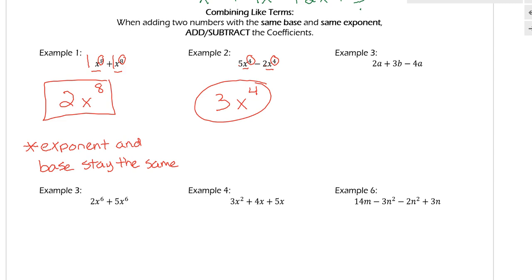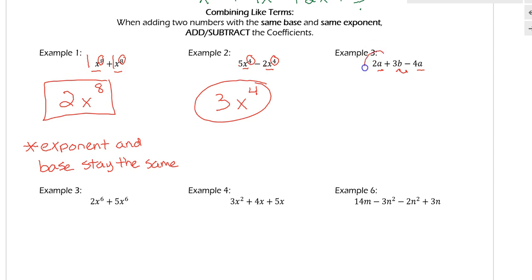Let us look at example 3, 2a plus 3b minus 4a. So I have to look for my like terms. My base or my variable needs to be the same. If I look here, I have an a. That's not an a, that's a b. And this is an a. Okay, so those are the same, but this b is different. So I can only combine the ones that are the same.